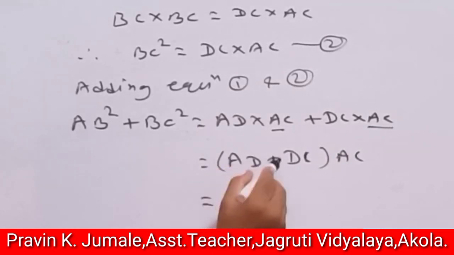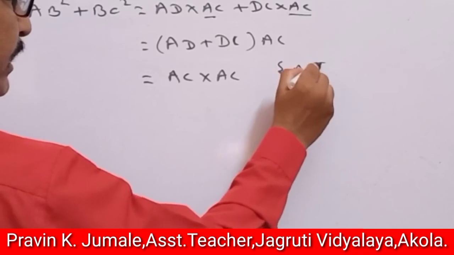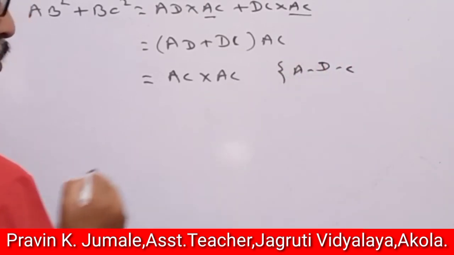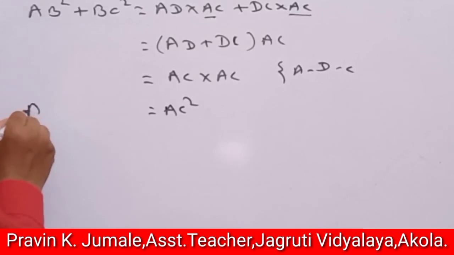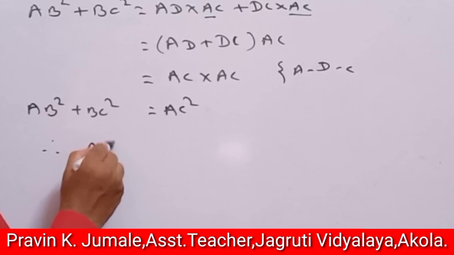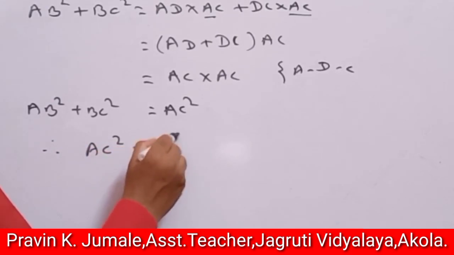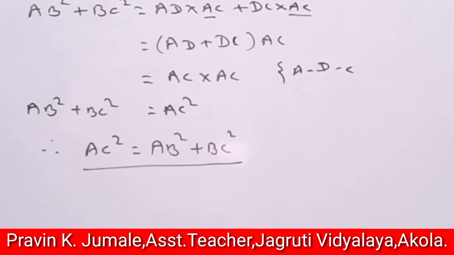From figure, AD plus DC is equal to AC because A, D, C, these 3 points are collinear. AC into AC, AC square. This is the value of AB square plus BC square. Therefore, hypotenuse square is equal to sum of the square of remaining 2 sides. AC square is equal to AB square plus BC square.